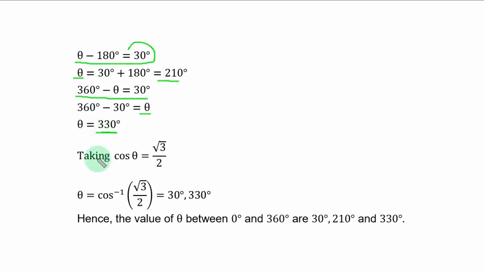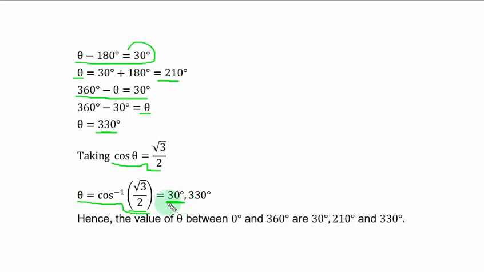We take the other solution, that is cos theta equal to root 3 over 2. You take the inverse of cosine of both sides and you have this result. The inverse of cosine of root 3 over 2 is 30 degrees.